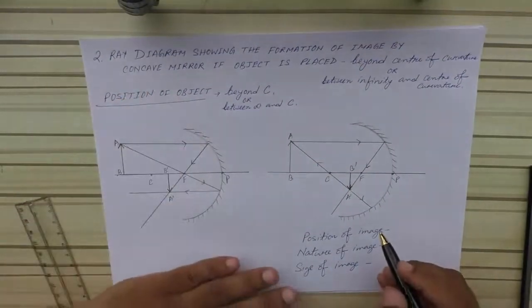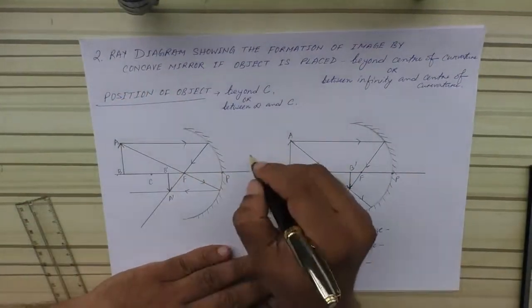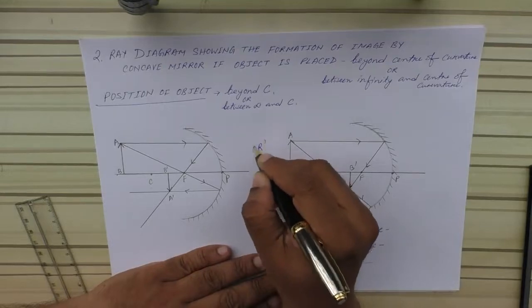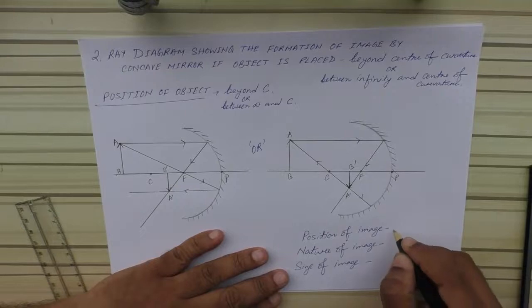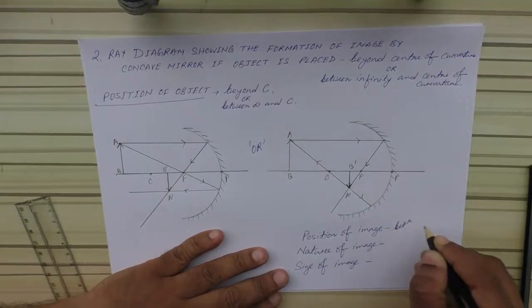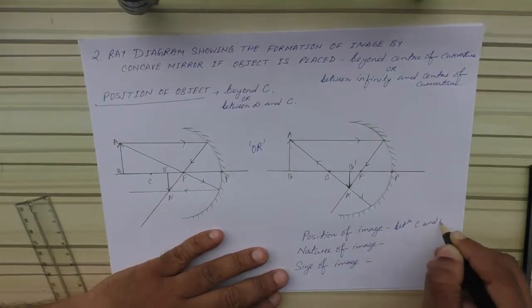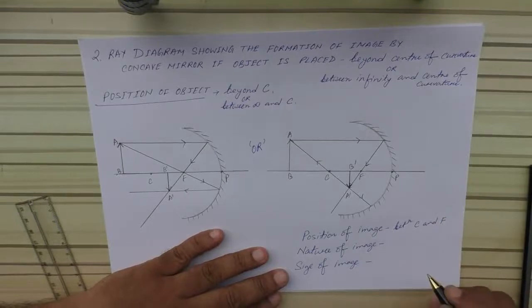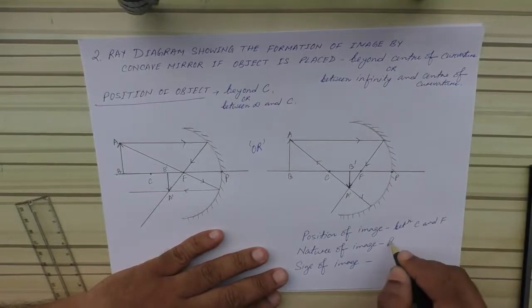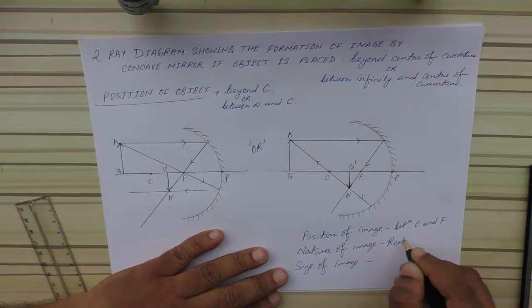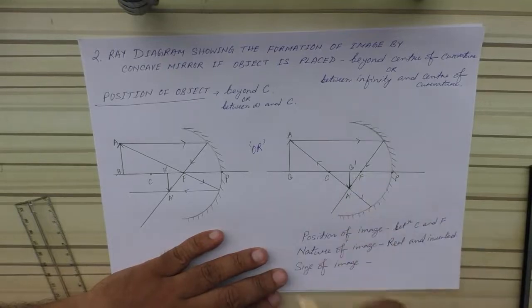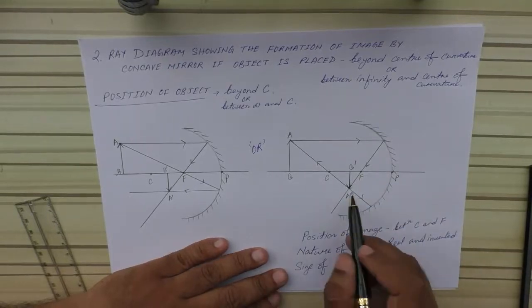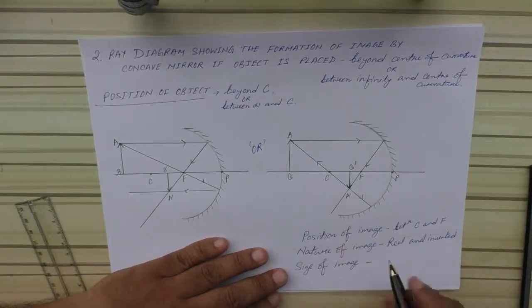So if I ask you, you can draw any one of these diagrams which you feel convenient for you. Position of image is between C and F. C is the center of curvature, F is the focus. The nature of image is real and inverted, upside down. And why real? Because light rays actually intersect after reflection.